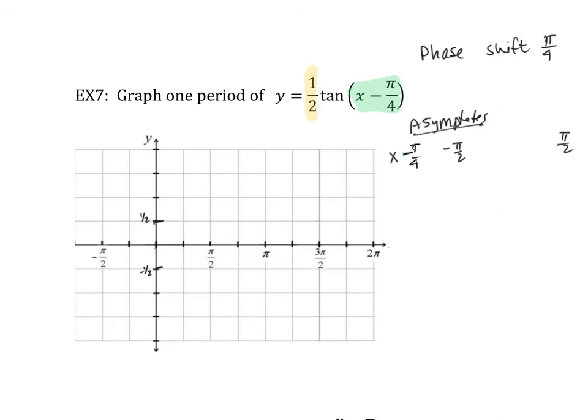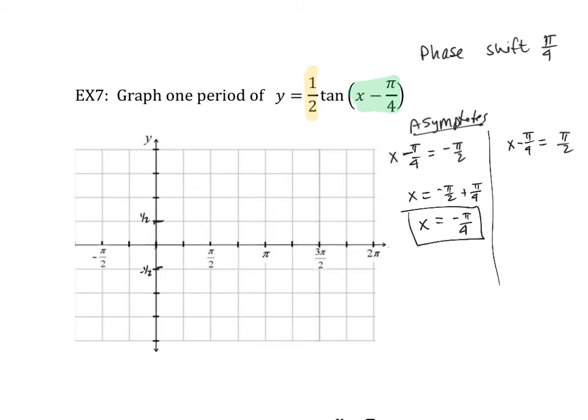I just take whatever's in that parentheses and set it equal to the original asymptotes. Now I'm just going to solve that. Adding pi over 4 to both sides, -pi over 2 plus pi over 4, we would get -pi over 4.